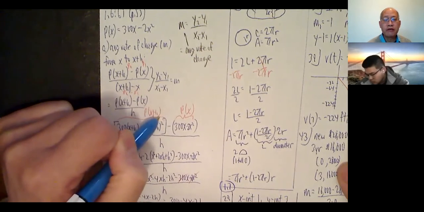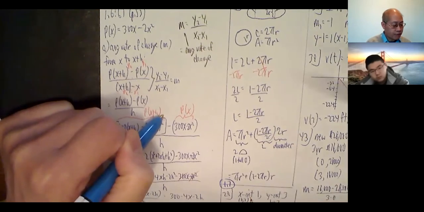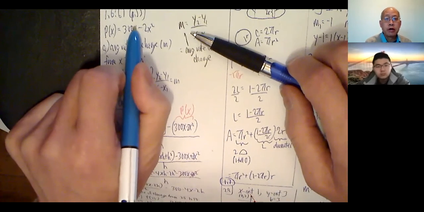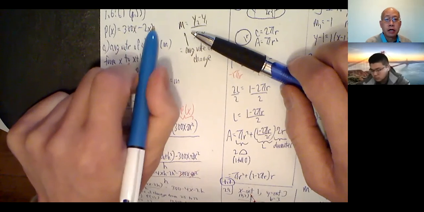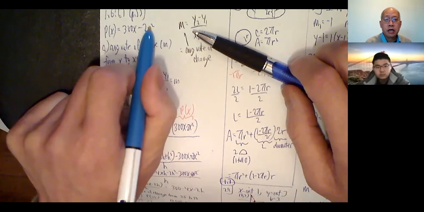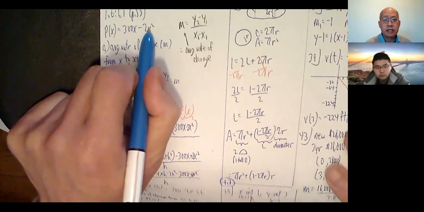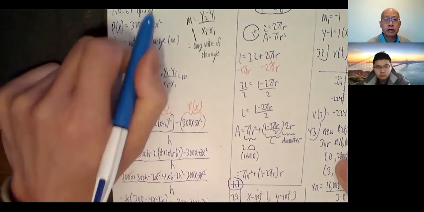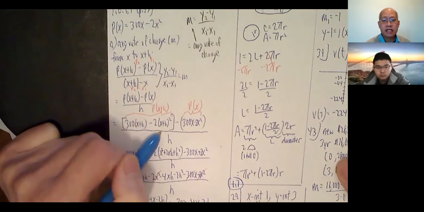The hard part is P of X plus H. So like any other function, you have to pretend you erase the X and put parentheses, X plus H. Same thing here, erase the X, put parentheses, X plus H. So 300 parentheses X plus H minus 2 parentheses X plus H squared.